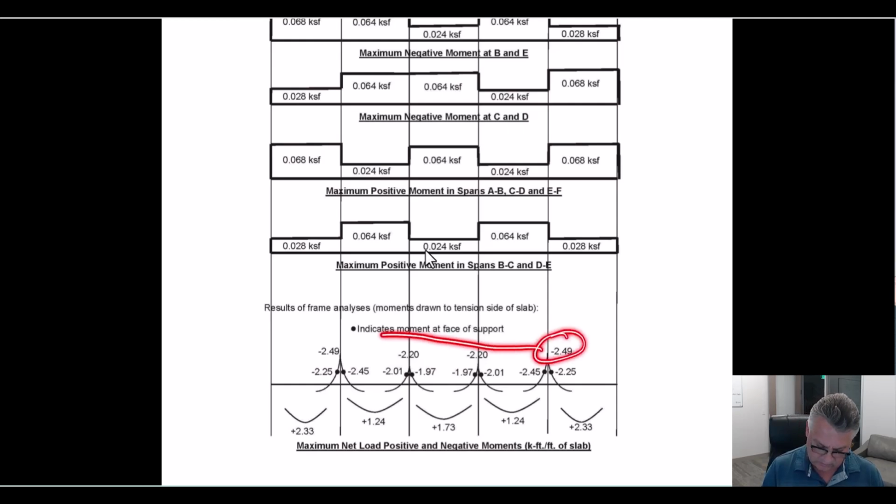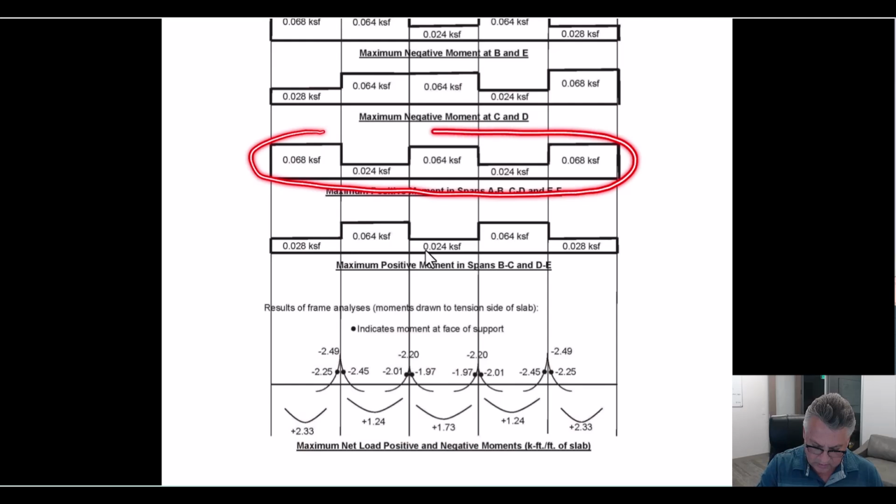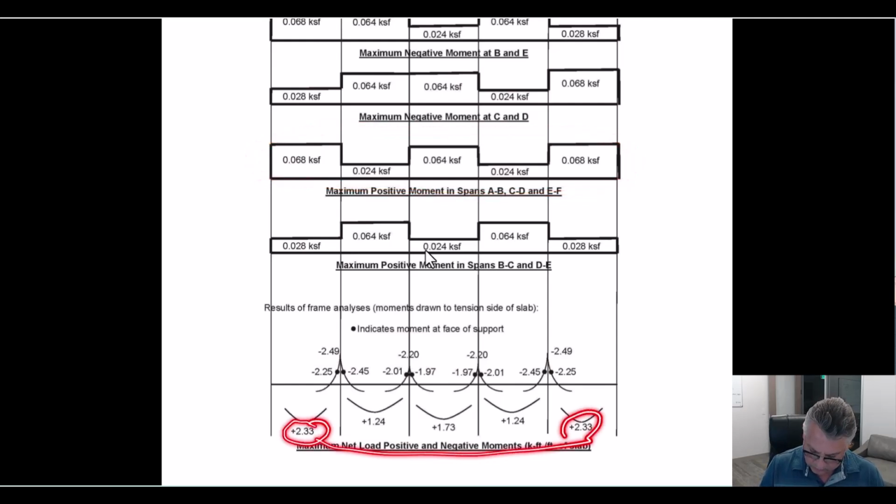And then these, since the system was symmetric, are the same. For the positive moments, this is the load pattern that created that moment. That moment is also used over here.